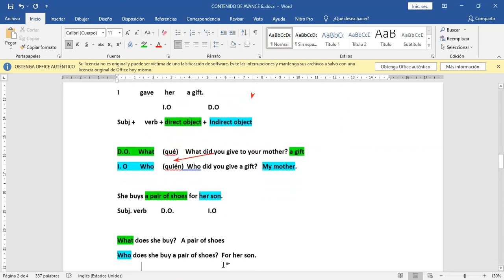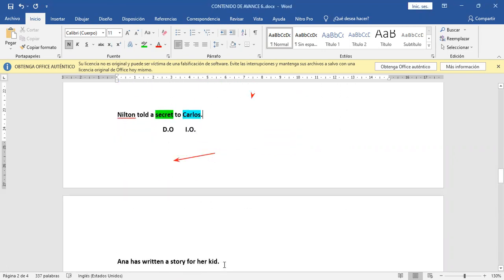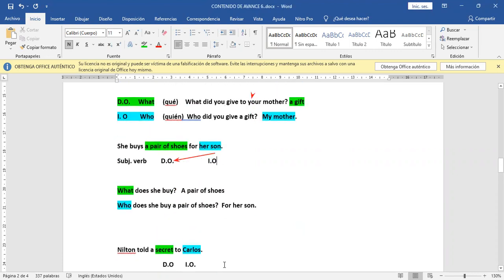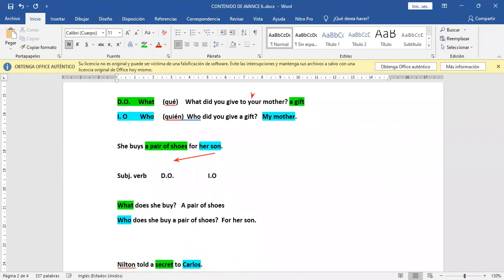Another example. Let's take: She buys a pair of shoes for her son. Exchange, help please. Two more minutes and we go. She buys her son a pair of shoes.